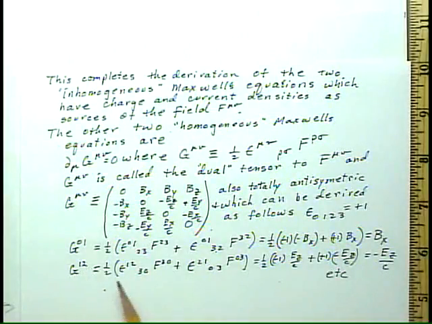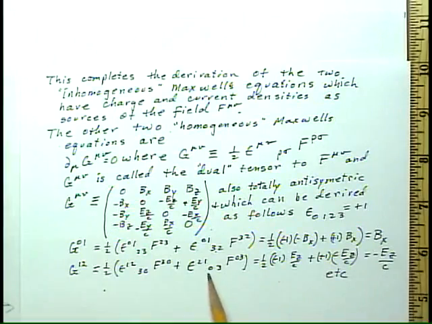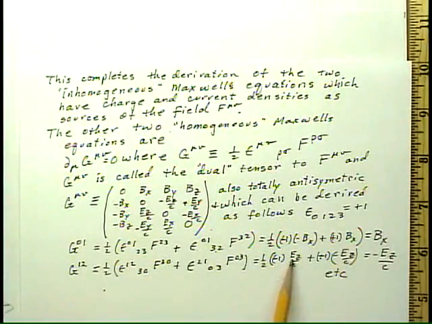Likewise, G12 we can see is 1/2 of epsilon 1, 2, 3, 0. The 1, 2 comes from here. 3, 0 has to match the F30. And likewise, we have a 2, 1, epsilon 0, 3. To begin with, the F30 is a minus Ez over c.